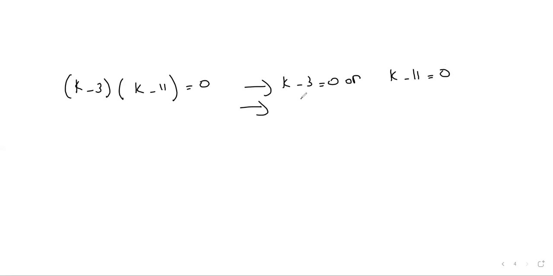So the first one will give you that k is equal to 3, and the second one gives you k is equal to 11. Well, if the exercise is about solving the quadratic equation, you need to show your work. You need to say that you are factorizing or using the quadratic formula, don't use the calculator only. You need to show what you used, because the purpose of the exercise is solving the quadratic equation.